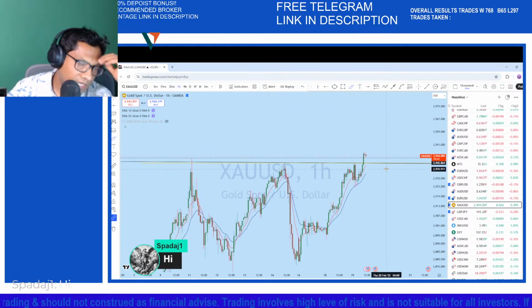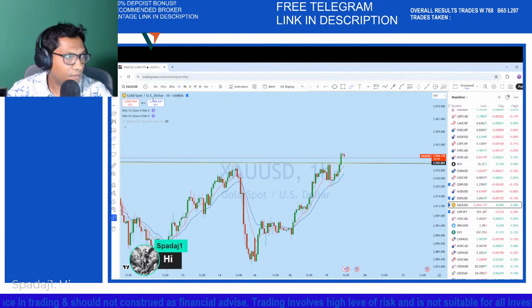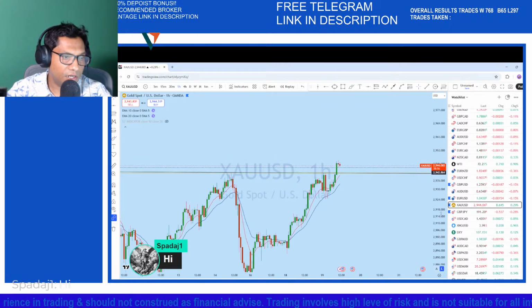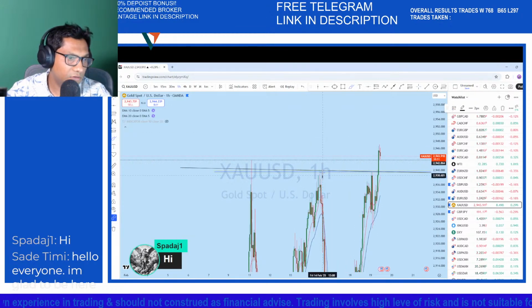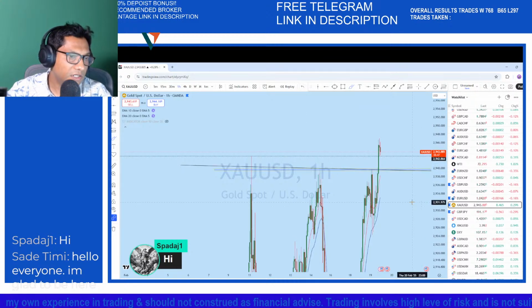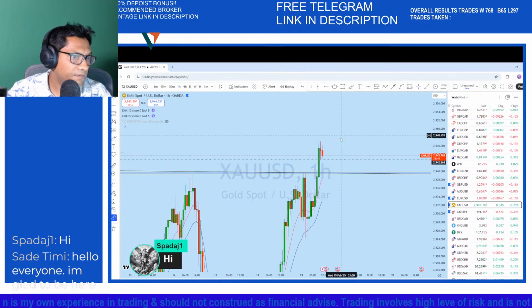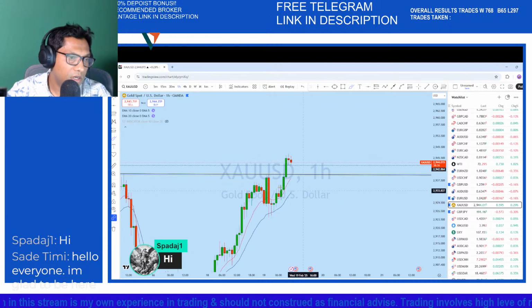Now it's coming for a deeper pullback to an important liquidity zone. The market tested this resistance, which is turning support, on XAUUSD, and we are expecting the market to potentially drop, retest, and then return back up again to create a new higher high.